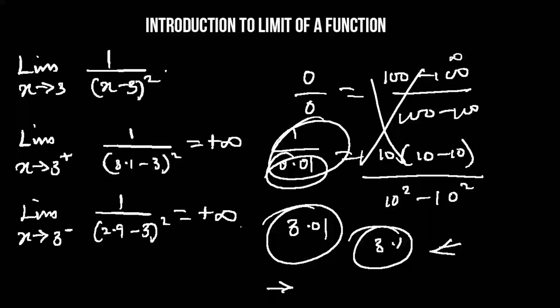Now, we can say that the limit exists. You will say that the limit exists if the result that you have when x is approaching 3 from the right hand side is equivalent to the value you have when x is approaching 3 from the left hand side. Then you can say the limit does exist. And the limit that exists is going to be the value that you have, which is positive infinity.